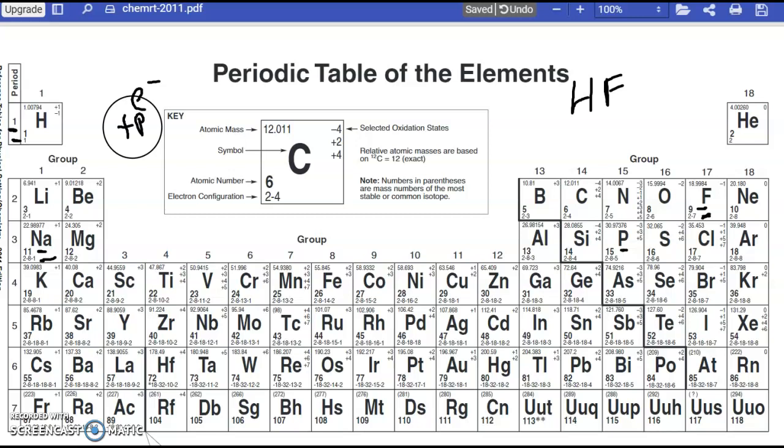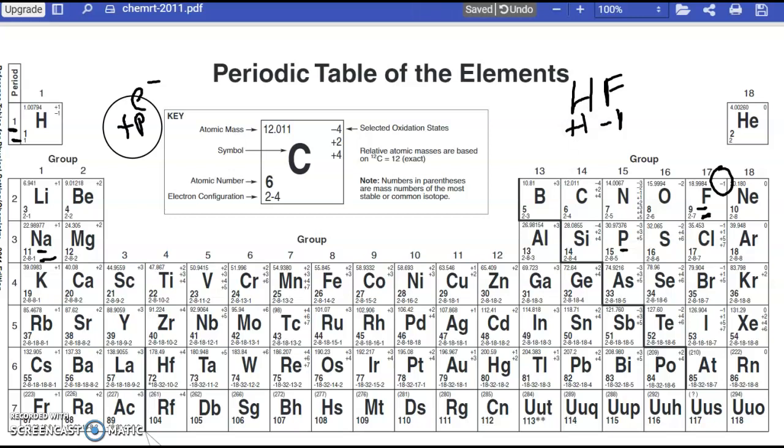Because fluorine's oxidation state, it only has 1 listed, and it only wants to gain 1 electron to fill its outer valence orbital, it's going to do that, and it's going to just be -1. If fluorine takes on the -1 charge, hydrogen has to be +1.